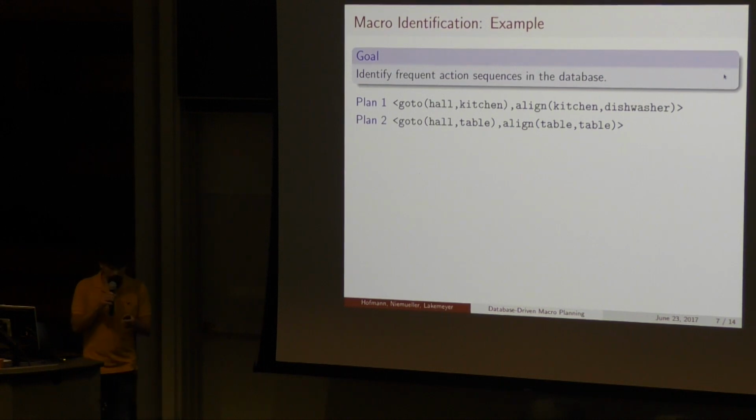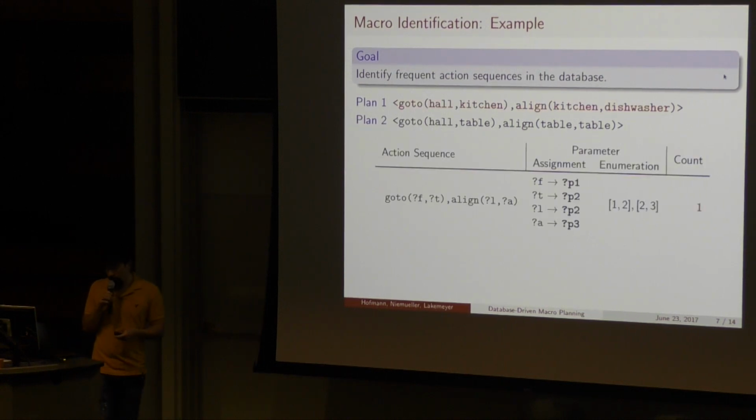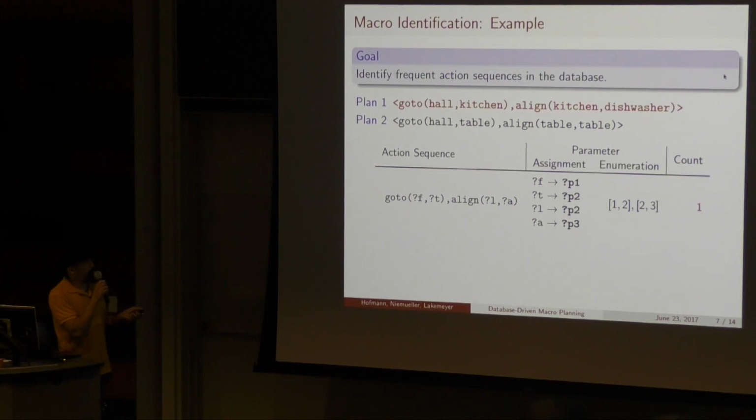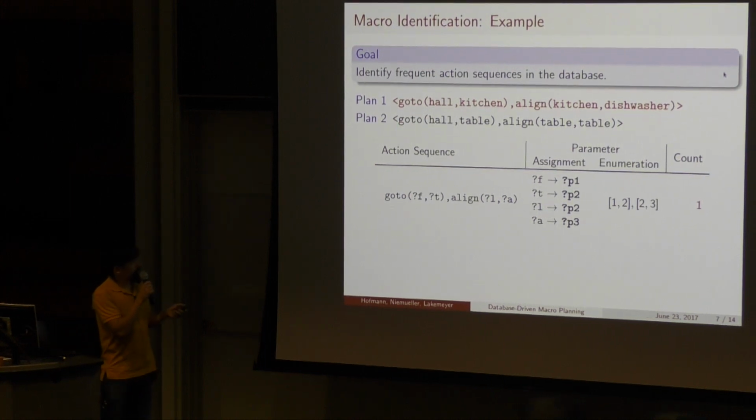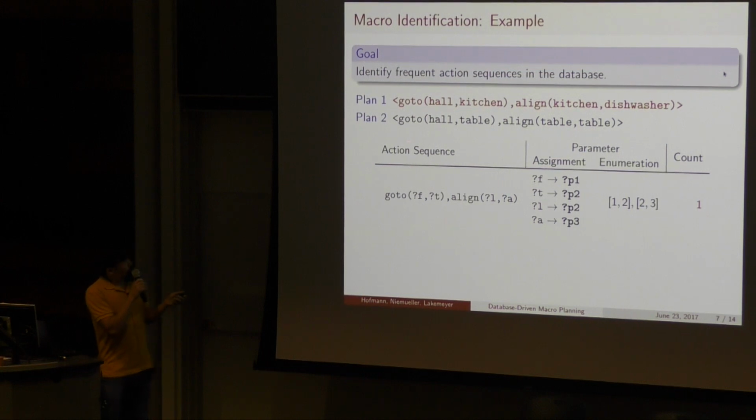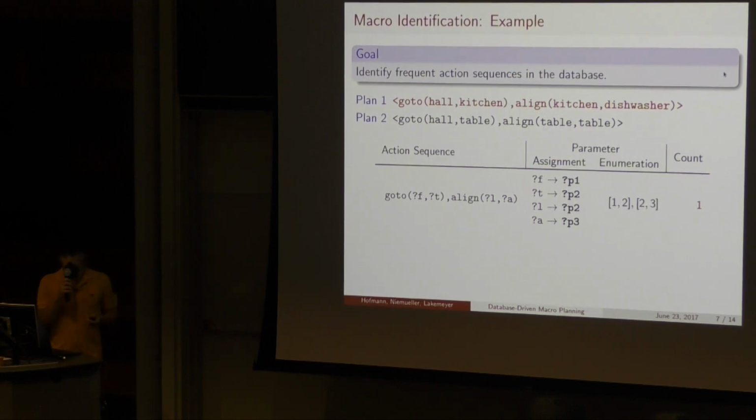So starting with the first plan, we can identify from this plan the action sequence go-to, align, and here we have grounded actions, but at the end, of course, we want to have action operators, so we need to come up with parameters for this macro.